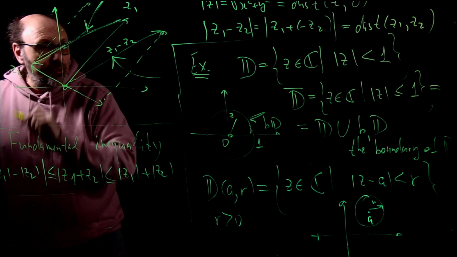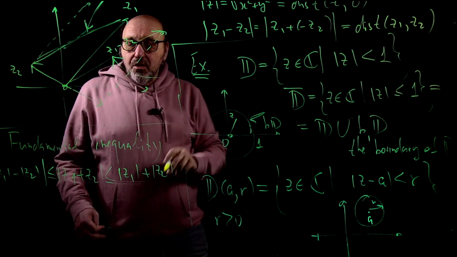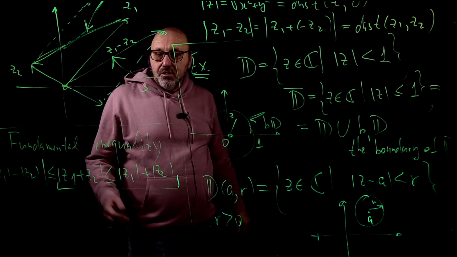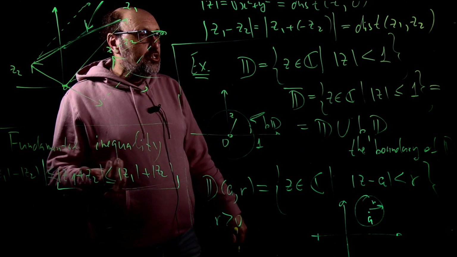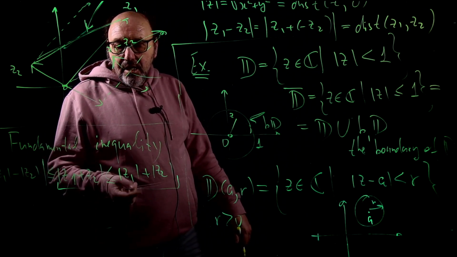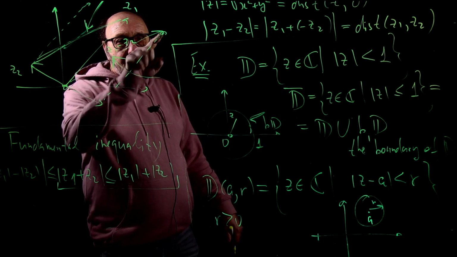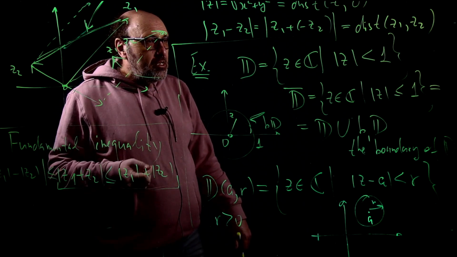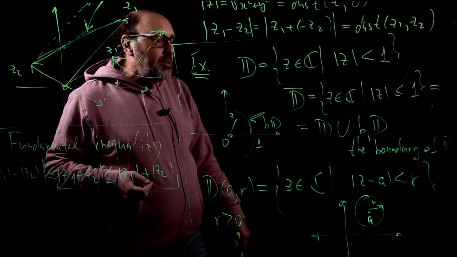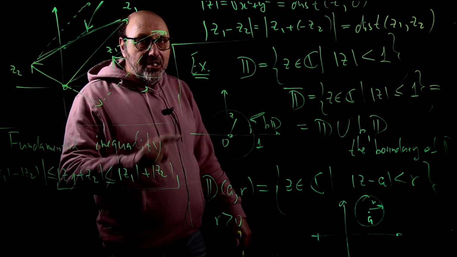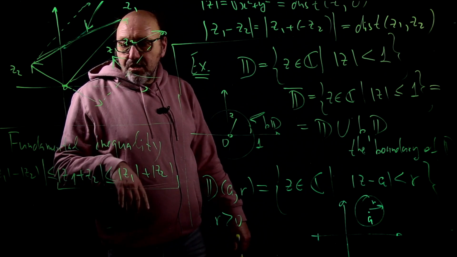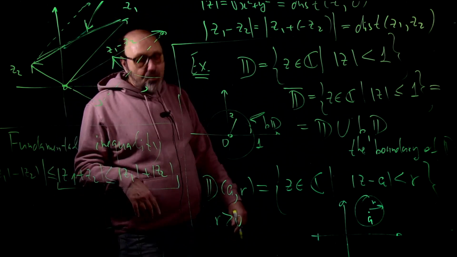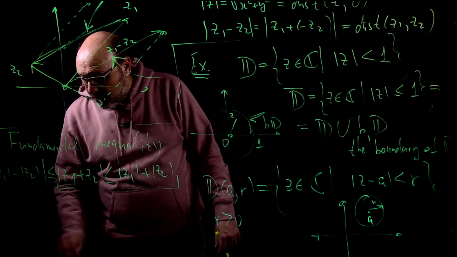So this inequality is obvious, right? Because this simply means the classical geometrical principle that the length of one side of a triangle is always not bigger than the sum of the lengths of the other two sides. And this inequality follows easily with the same proof as in the classical real analysis.